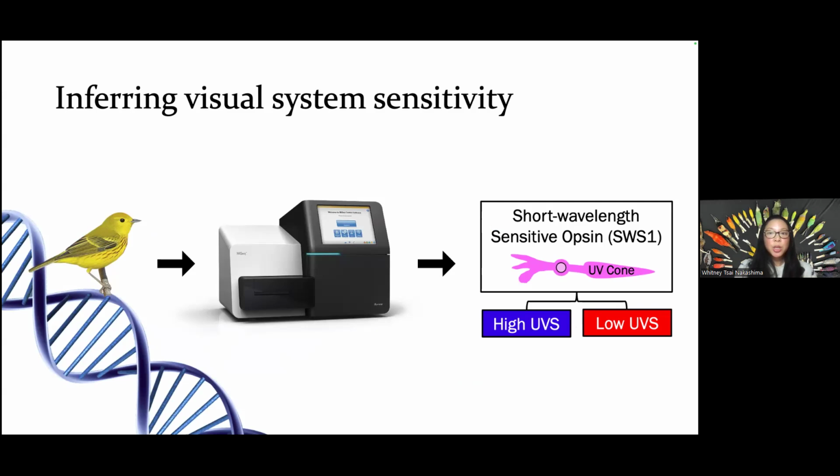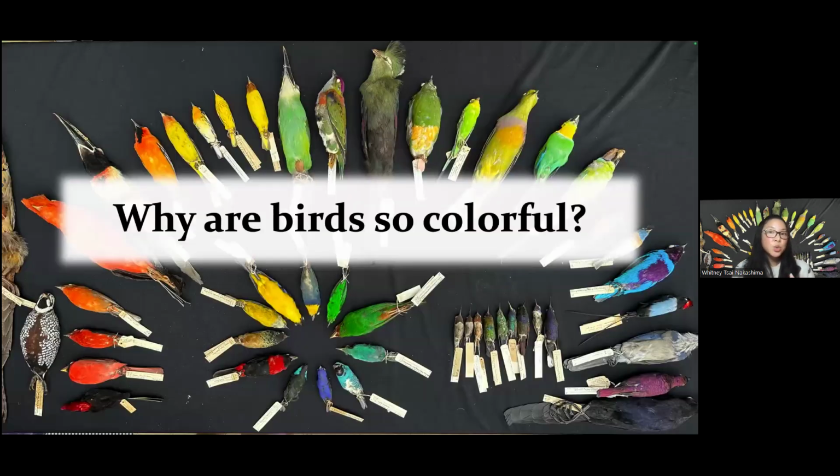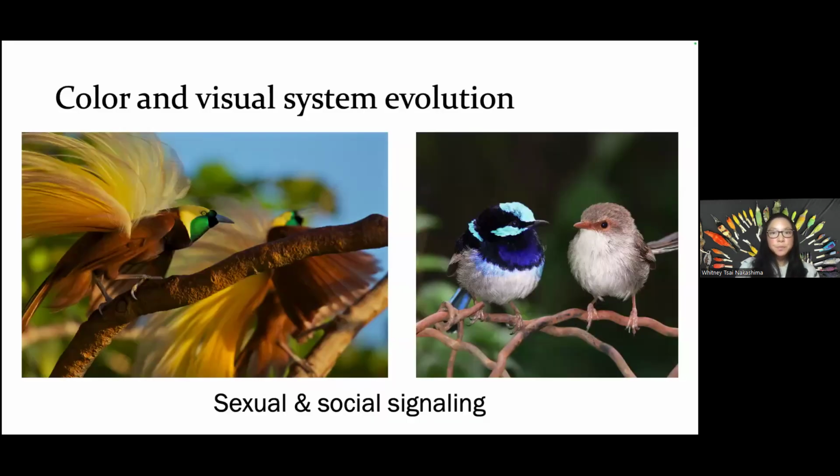Being able to infer visual system sensitivity based on a single sequence is a really powerful tool to investigate the evolution of the visual system and color in birds across the entire bird tree of life. Having these tools really allows us to think more about the question: why are birds so colorful? There are a variety of hypotheses for why color and visual system have evolved in birds, and I'll go over some of them in the next few slides.